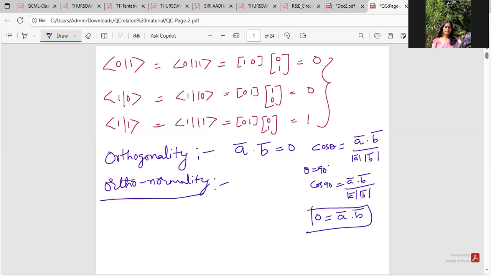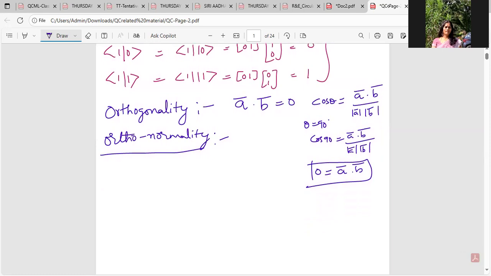Now, coming to orthonormality between vectors, guys.